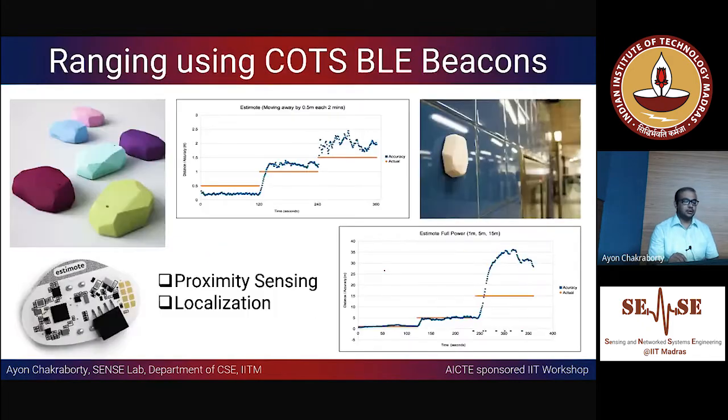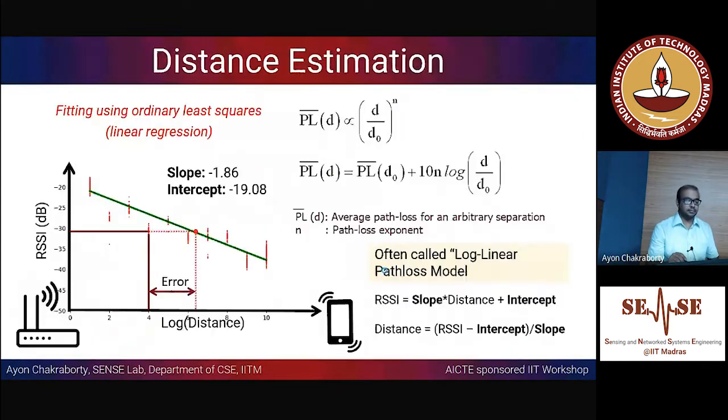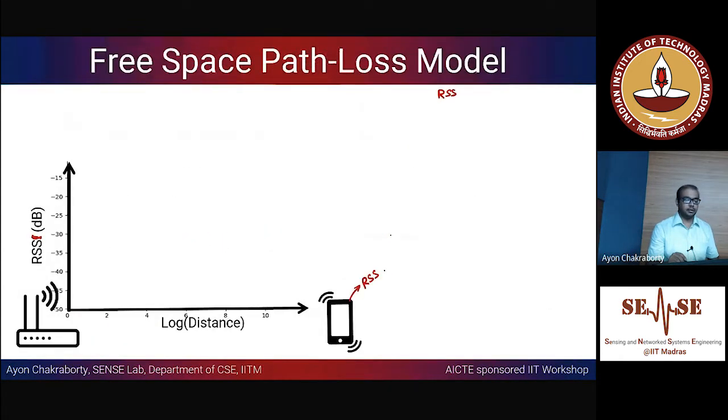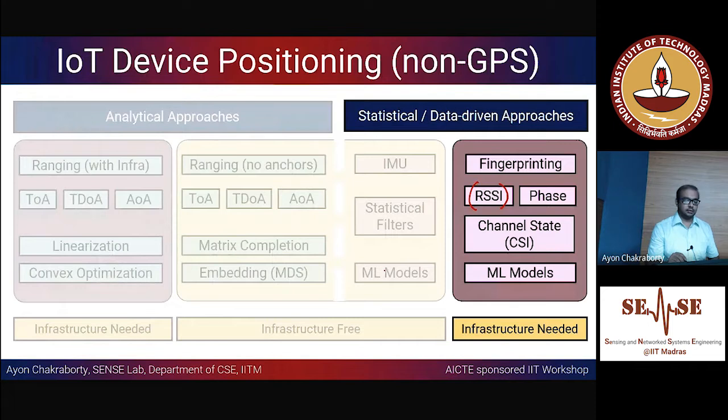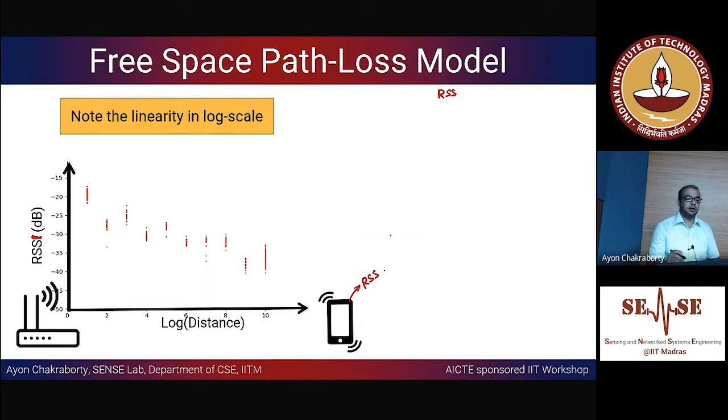Okay, so received signal strength is going to change as you increase the distance. If you take the distance on a logarithmic scale instead of the actual distance, we will see why.